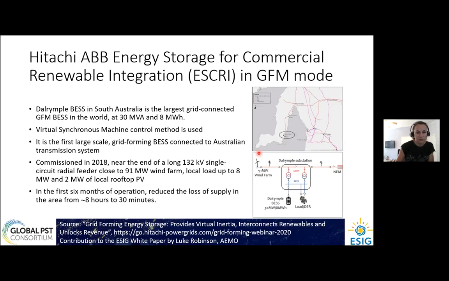So what this project can do is, if this line trips, the project can power up this island, with the wind farm in grid following mode and the battery in grid forming mode, and it can still maintain supply to this load without interruptions. In the first 6 months of operation, they were able to reduce loss of supply in this area from 8 hours to 30 minutes.